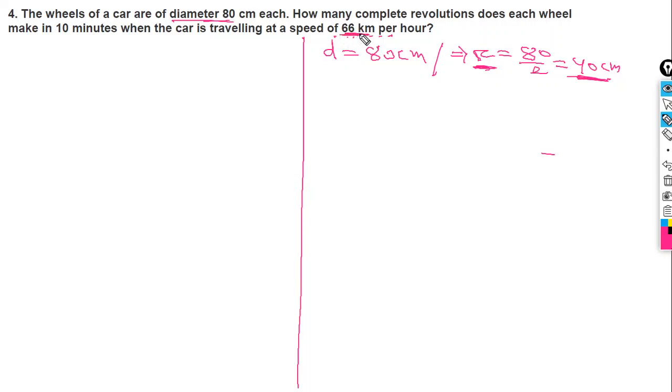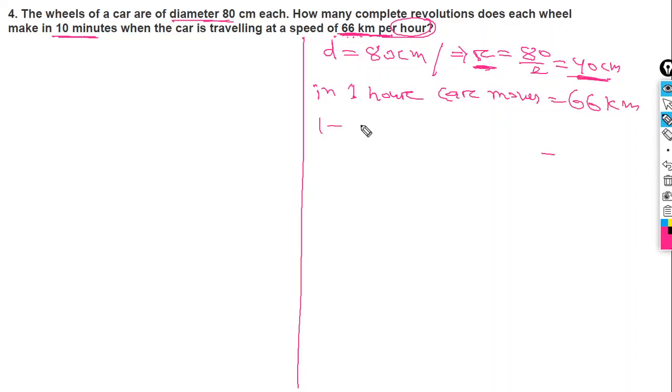Again you can see 66 km per hour. Here hour is there and here you have minute. So first we will see, in 1 hour the car moves 66 kilometer.